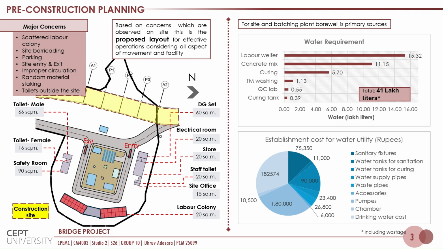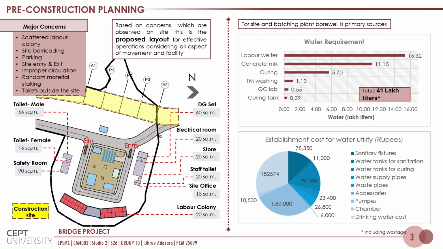Then the water required for concrete mix was calculated by the water cement ratio, and other requirements were calculated, which are curing, TM washing, and water required for testing and for curing tanks. The total requirement comes up to 41 lakh liters, which is inclusive of 20% wastage. Over the need of water distribution, the required infrastructure has been established.